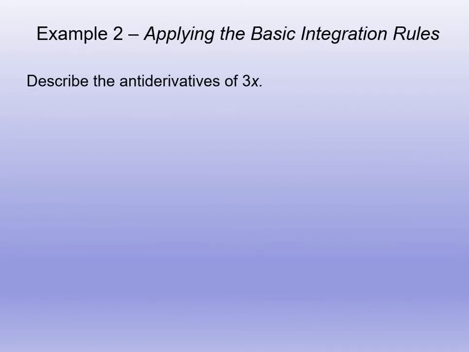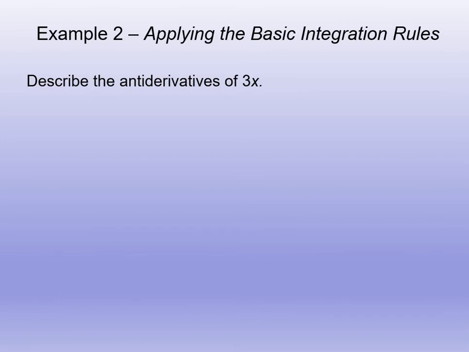All right, so let's talk about the antiderivative of 3x. Maybe you could pause the video and give this one a shot and see if you get it right. All right, so we're going to use the power rule here when we do the antiderivative of this function. So when we do this, we have to do n plus 1 over n plus 1.